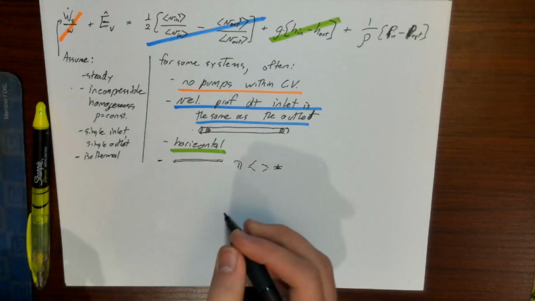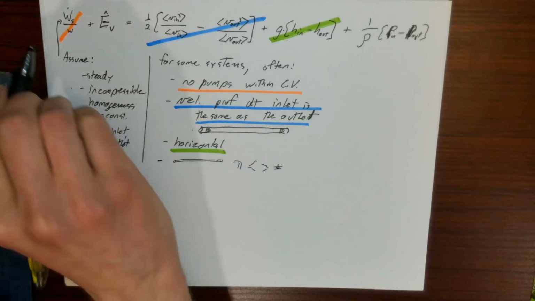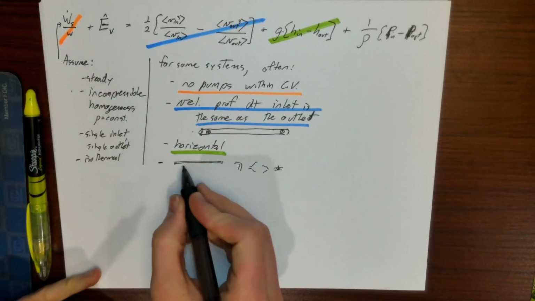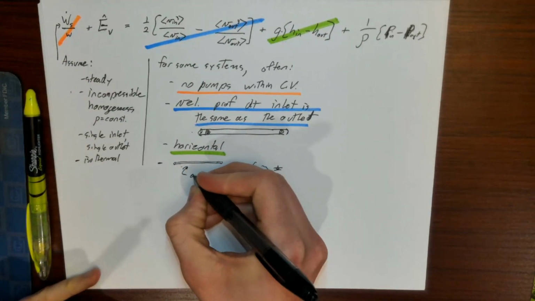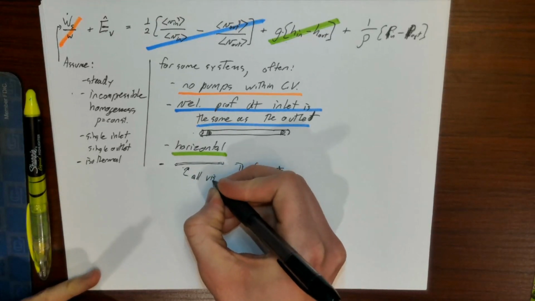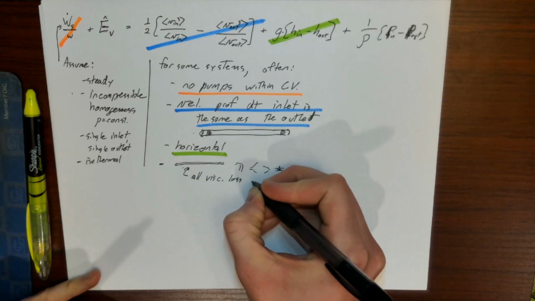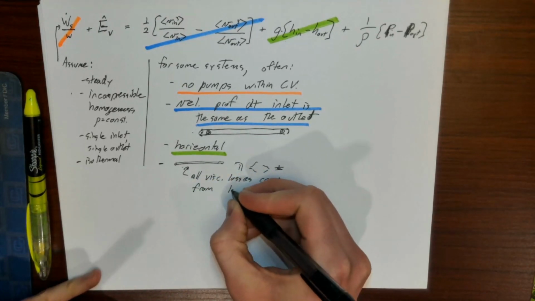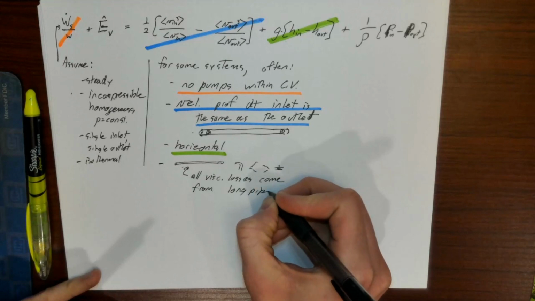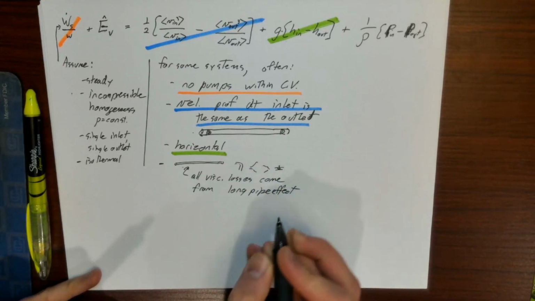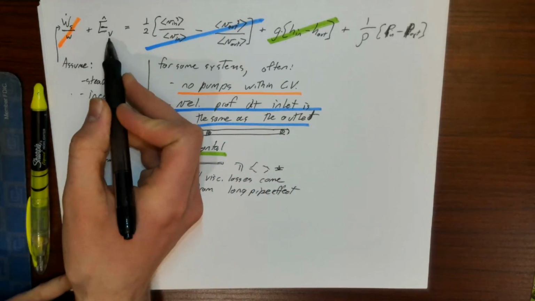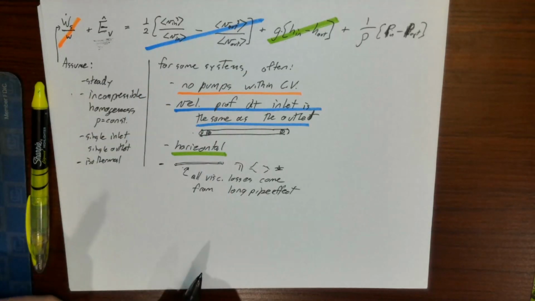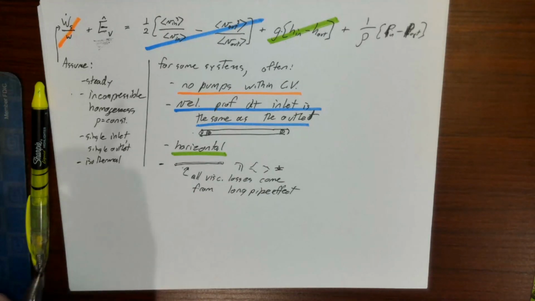So if you assume that all of the viscous losses come from this sort of long pipe effect, then you can basically just put in one relatively simple term for this viscous loss term right here.